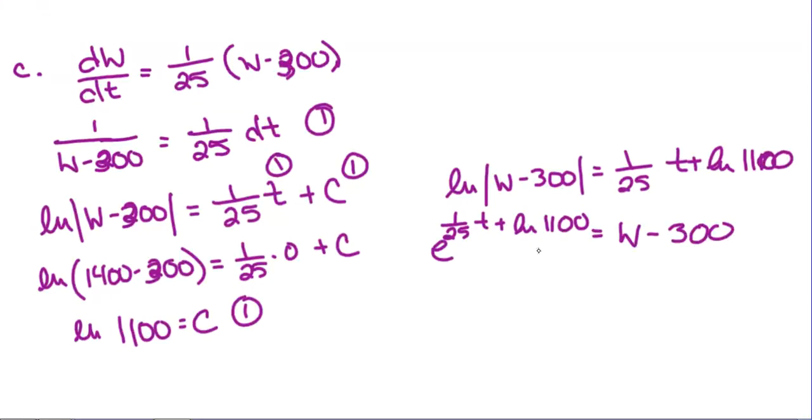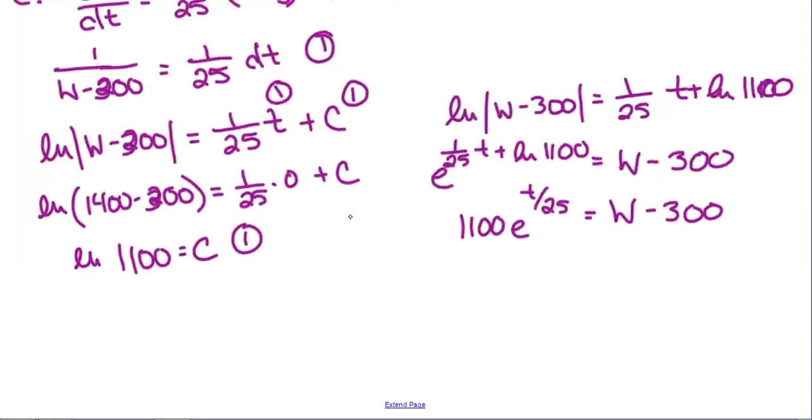Y'all know what happens here. That cancels, so we've got 1,100 E to the, and I'm going to write in shorthand just T over 25. 1 over 25T is the same as T over 25. And then move that 300 over. So 1,100 E to the T over 25 plus 300 equals our W.